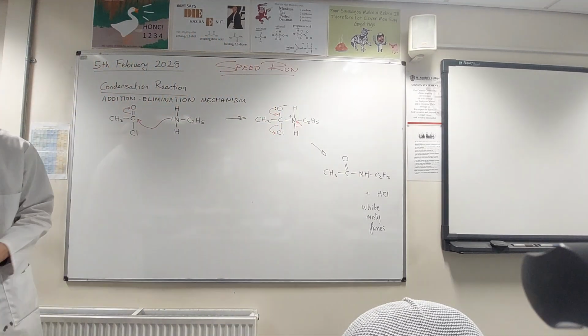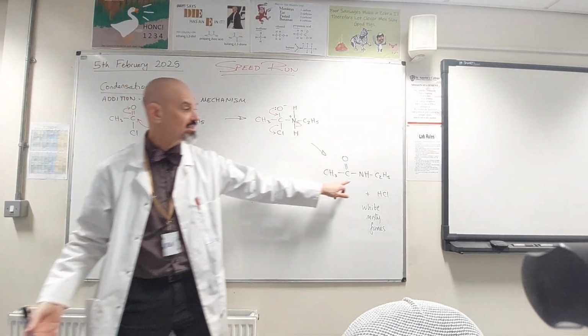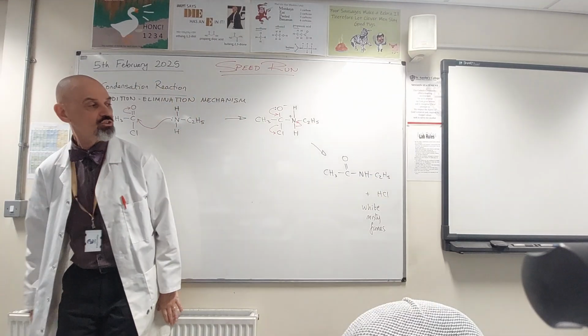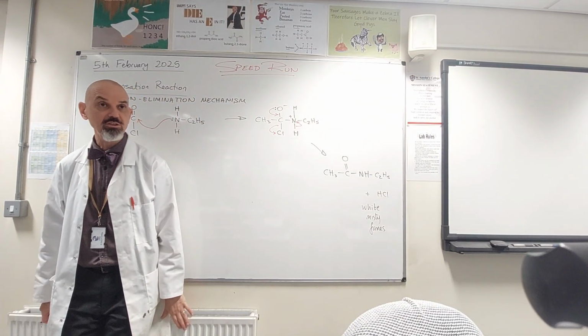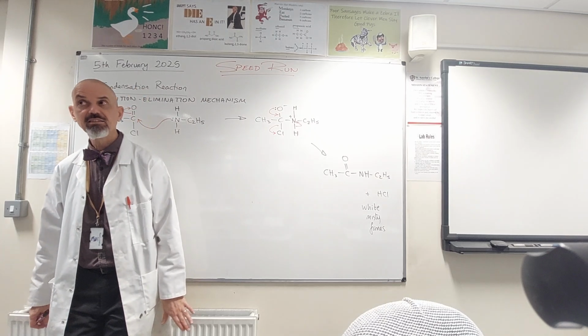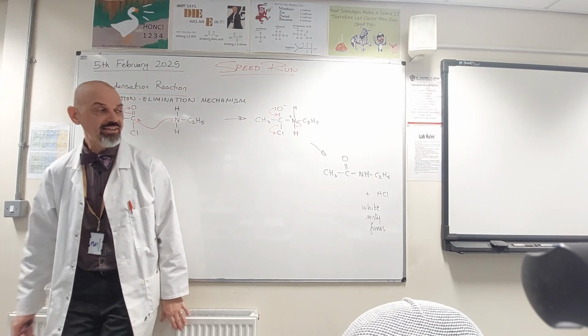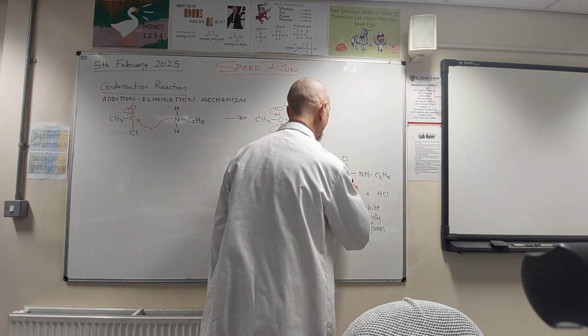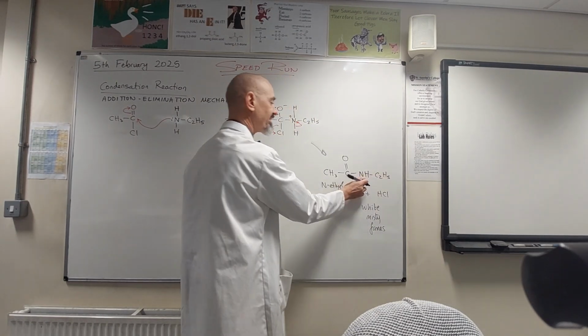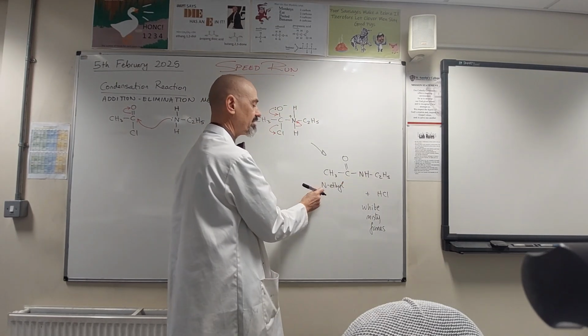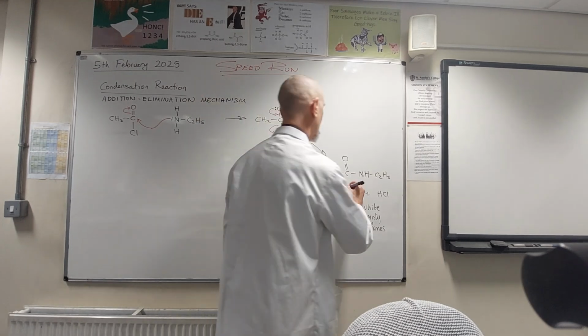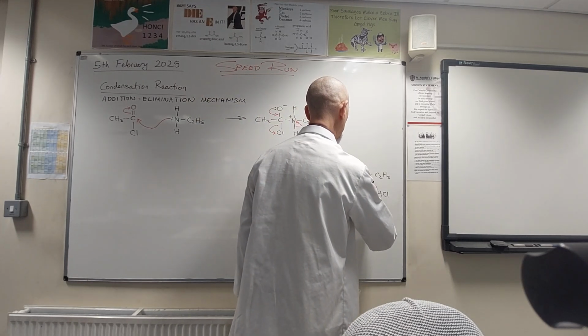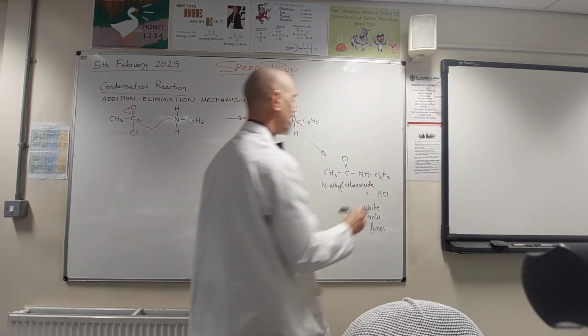It's still an amide, it's now a secondary amide because our nitrogen is attached to two carbons, and it will be called N-ethyl. So we say N-ethyl because the ethyl group is attached to the nitrogen. So capital N for nitrogen, and then ethanamide at the end.